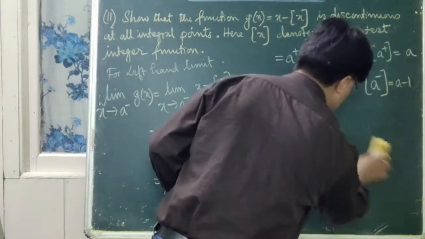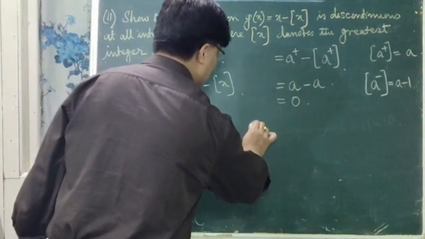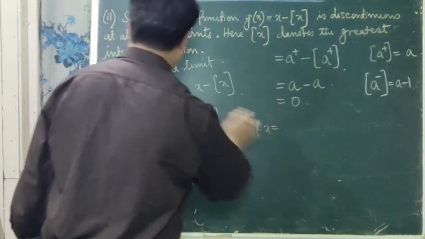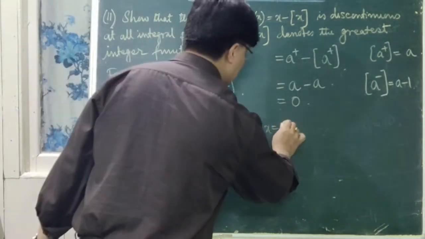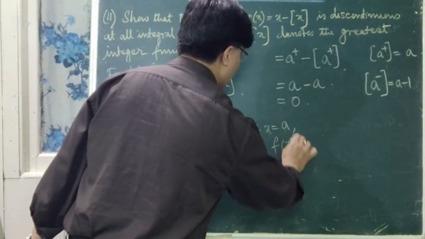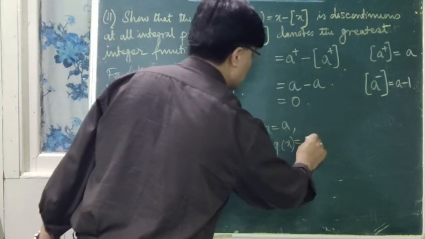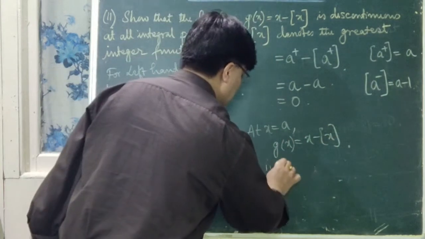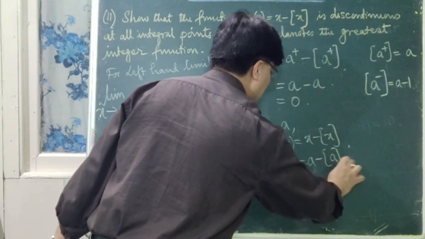So next one is at x exactly equal to a. Suppose at x is equal to a, so g of x is equal to x minus within third bracket x, that is g of a is equal to a minus within third bracket a.